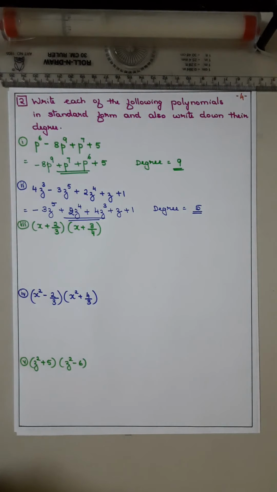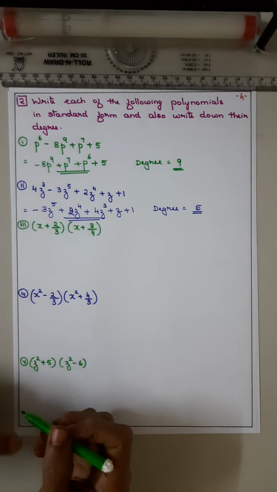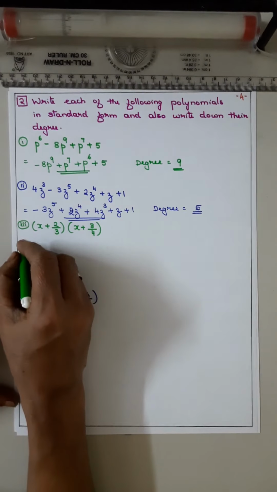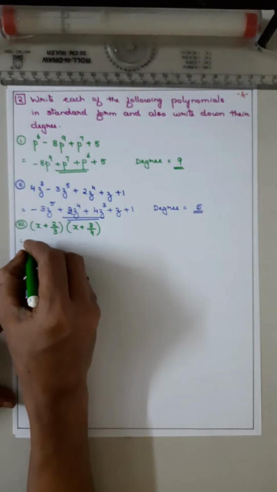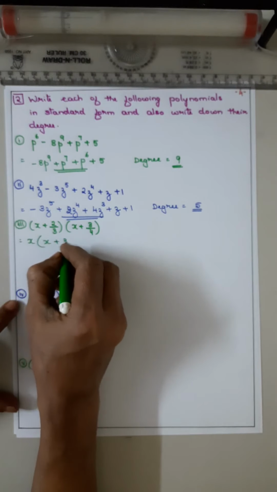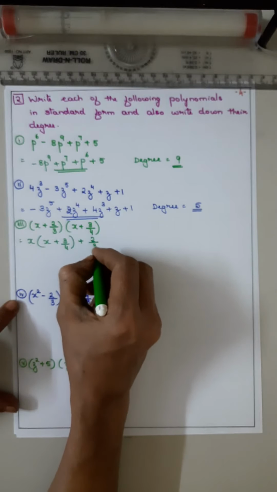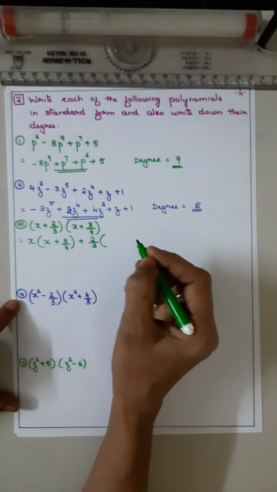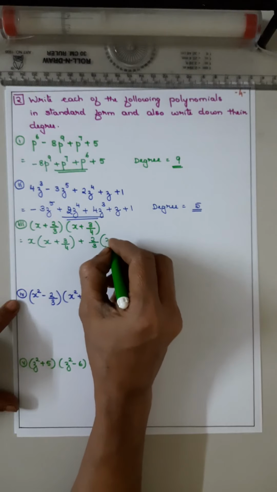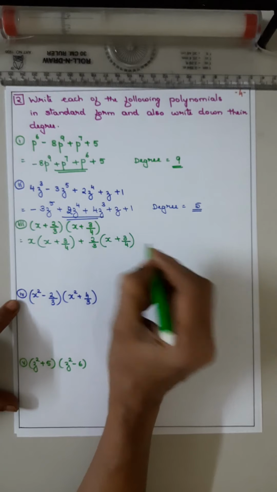Now question 3. Here you have to solve first. So how you have to solve? It is a x plus 3 by 4 times the whole bracket, x plus 2 by 3, the whole bracket, x plus 3 by 4. Isn't it?